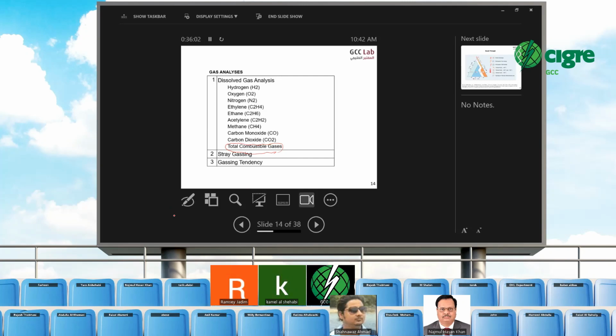Also, you need to do stray gassing. Stray gassing is where in the laboratory they take a syringe of the oil and keep it at very high temperature for 1 week, and see the gases before and after, to see the capability of your oil to generate the combustible gases.